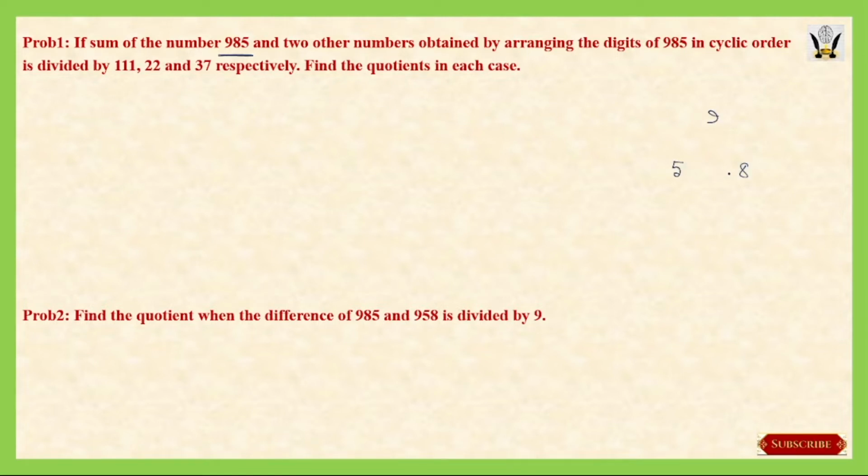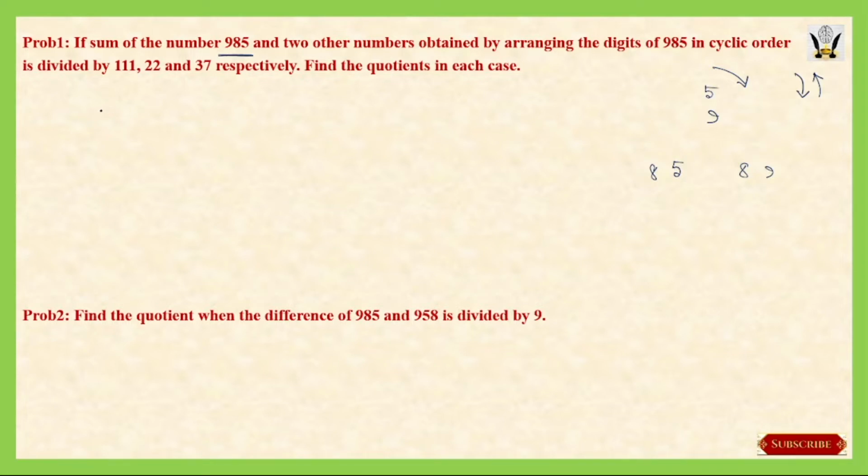Now the number is 985. We have to change the positions of the digits in cyclic order. Either we can go in the clockwise direction or in the anti-clockwise direction. If we go clockwise, 9 will come here, 8 will go here and 5 will go there.